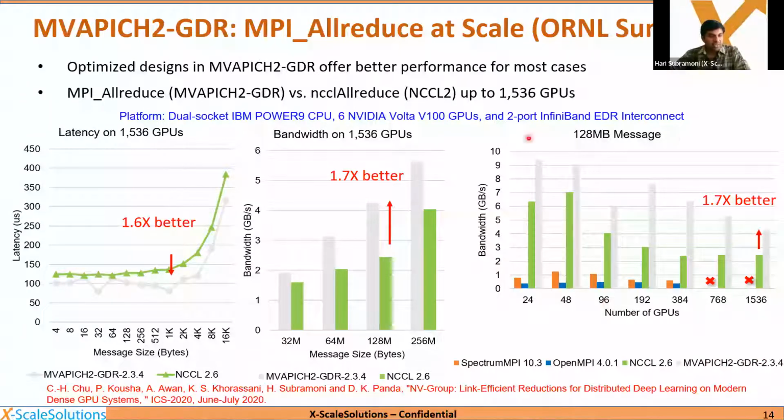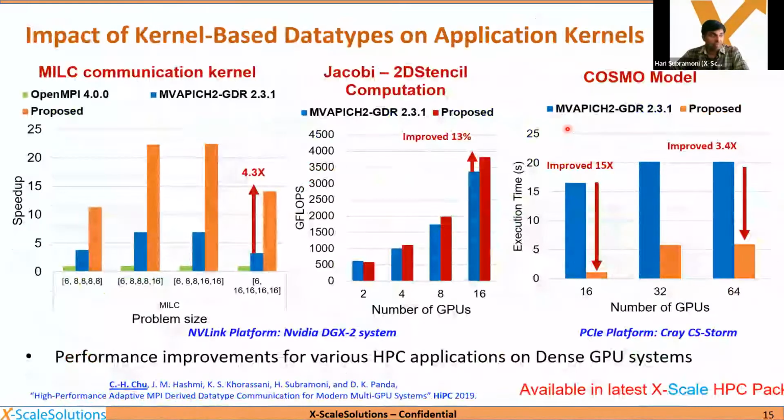We can see that we are able to significantly outperform NCCL for the small, medium, and very large message ranges. And here we show the 128 megabyte message range, which is typically what is used by the distributed data parallel deep learning method inside TensorFlow. So we are able to deliver very good performance and scalability.